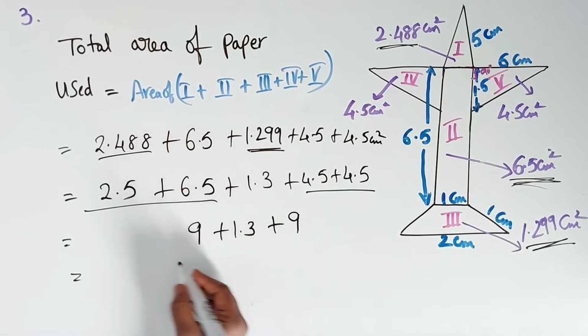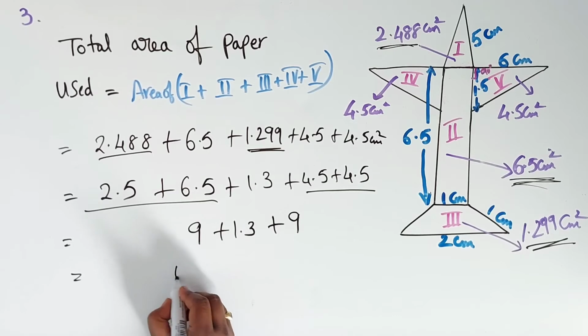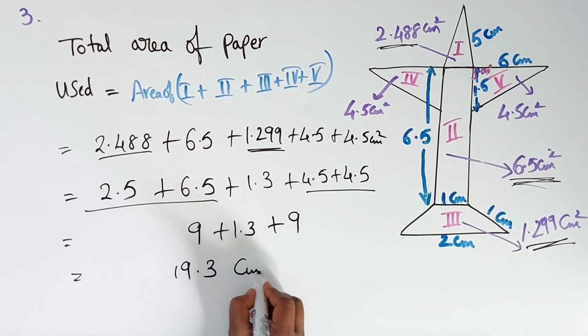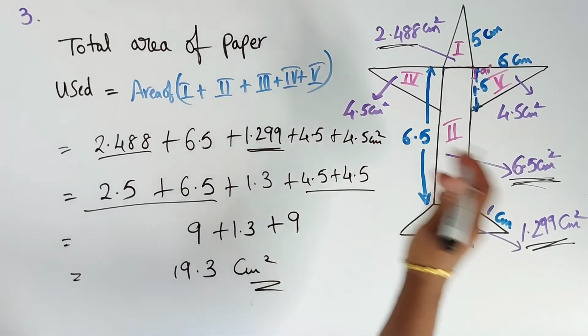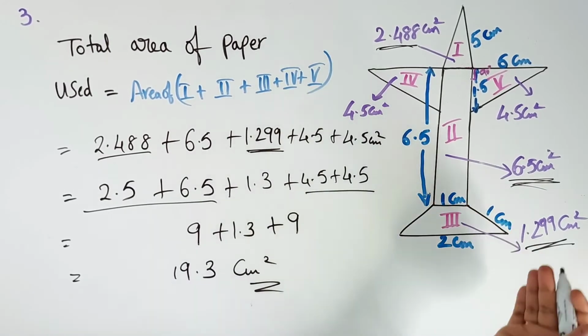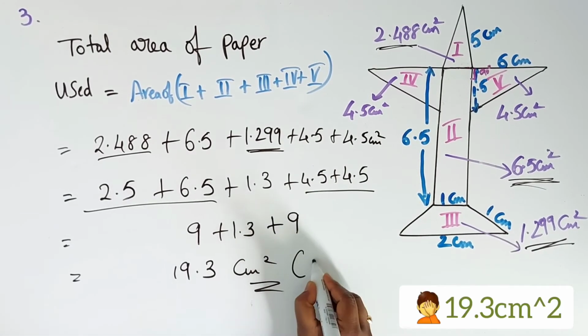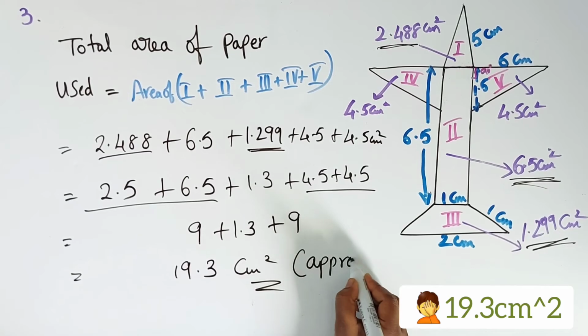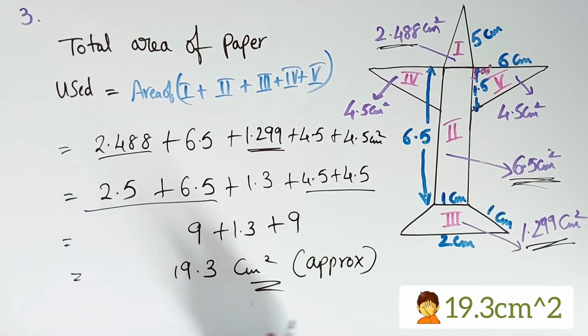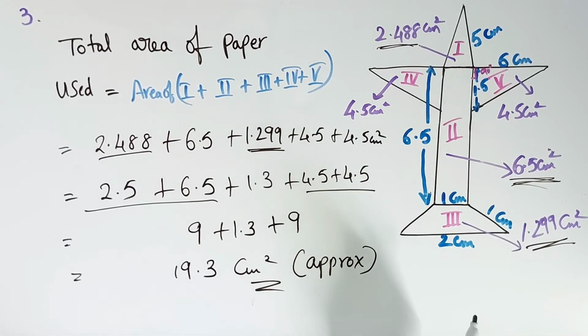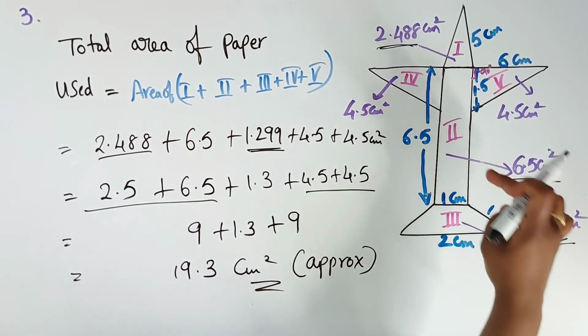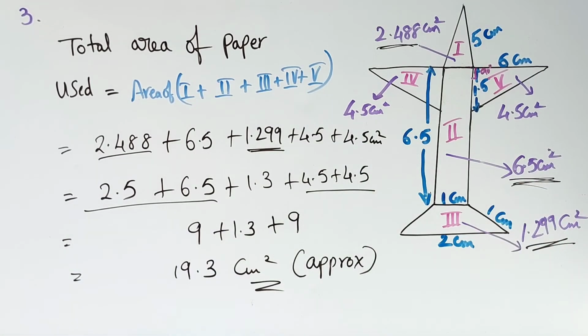So 9 plus 9, it is 18, plus 1.3, 19.3 centimeter square. So total area of paper used is 19.3 centimeter square approximately, children. Why are we writing approximately? Because in the middle, root values are there, maybe 0.1, 0.2 difference will be there. So 19.3 centimeter square approximately. It looks like a very lengthy and big question, children. If you solve it part wise, it is easy.